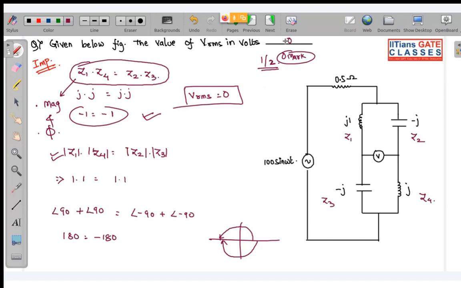So I was framing this question. So what we can do, if I bring it over this side, so then, yeah.